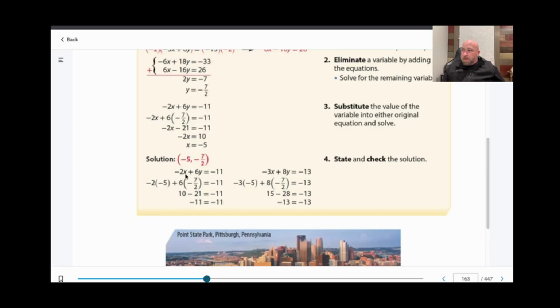So right here, negative 2 times 5, and then plus 6y. And our y is negative 7 over 2. So 6 times negative 7 over 2. Do all that math. 10 minus 21 equals negative 11. Negative 11 equals negative 11. It solves, it checks. Do it in the second one, and you get negative 13 equals negative 13.